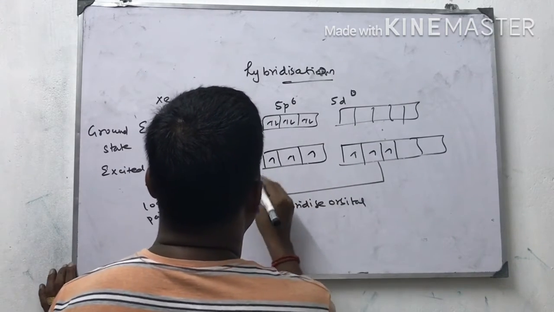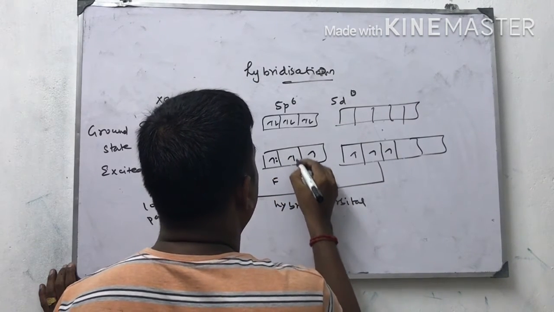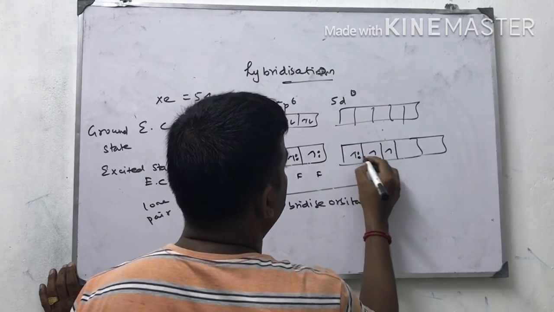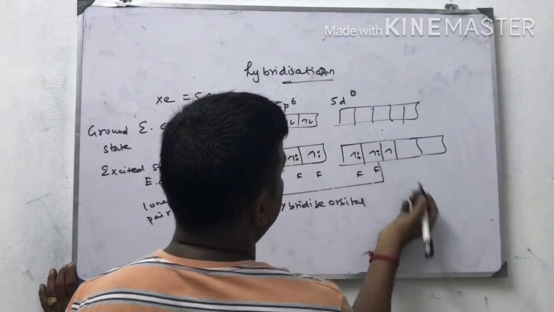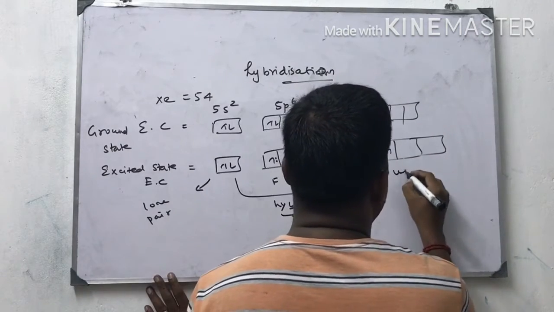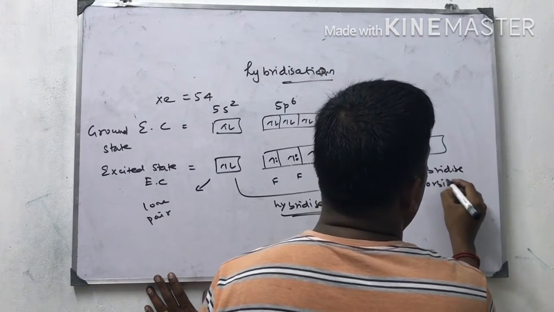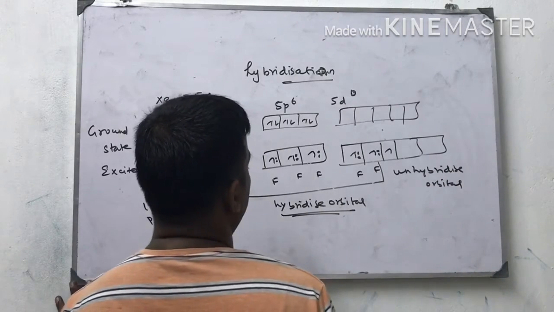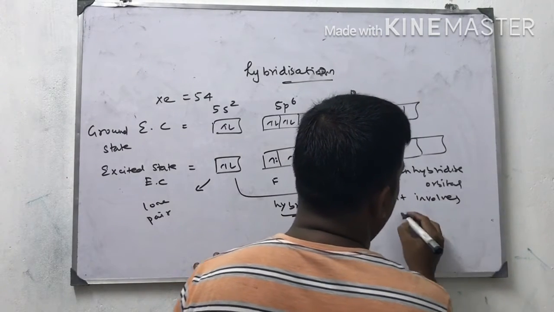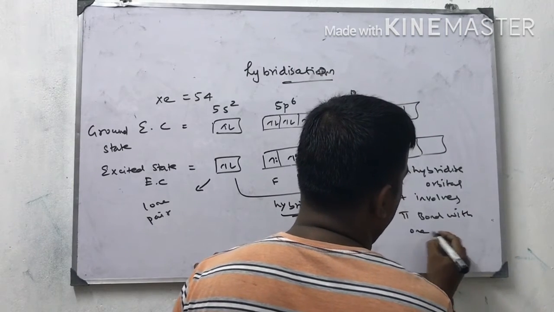In these hybridized orbitals, fluorine will form a covalent bond here. Fluorine forms a covalent bond here, and here also. These are called hybridized orbitals, or bonding pairs. This is an unhybridized orbital, or non-bonding pair. It involves a pi bond with one oxygen atom.